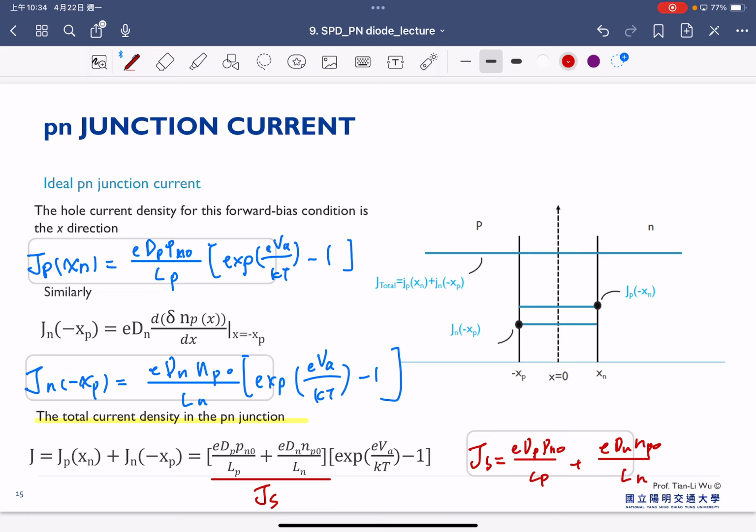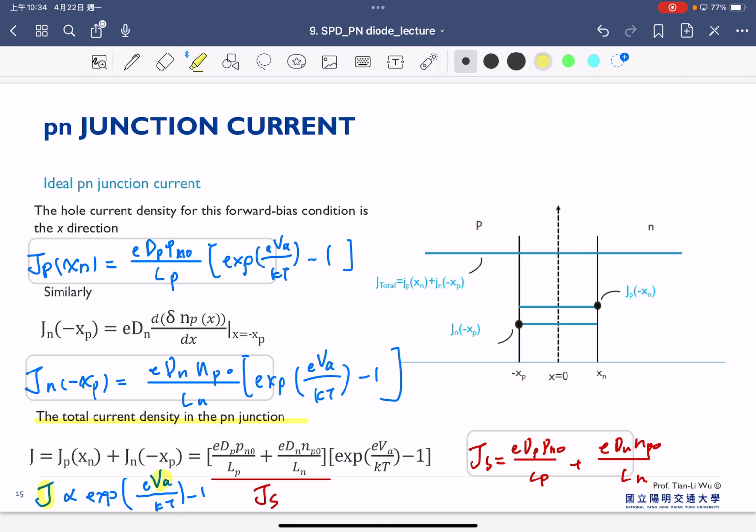And therefore we can understand our current is actually proportional to e^(eVA/kT) minus 1. Especially it is related to our bias here.